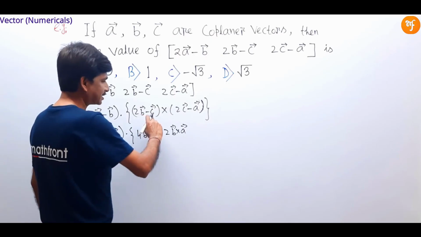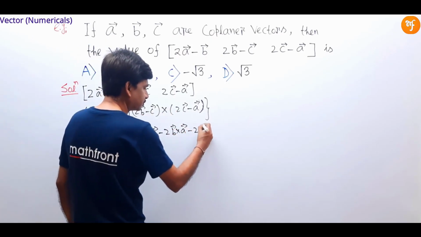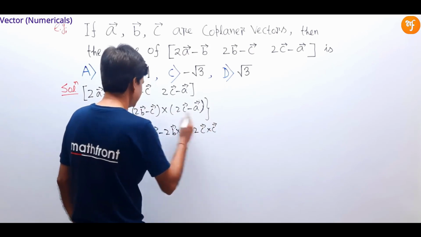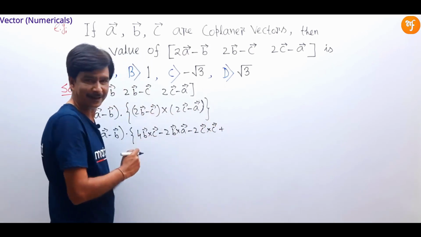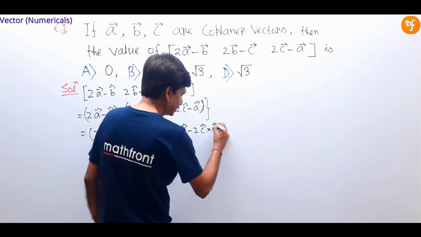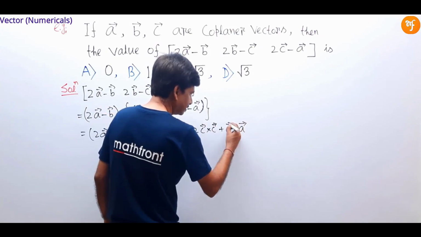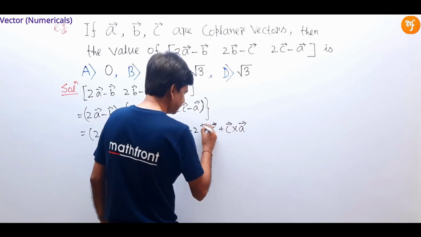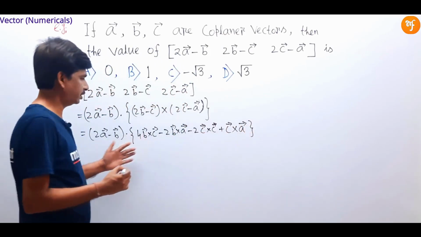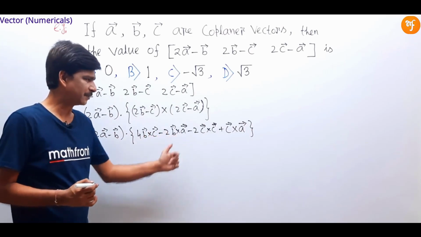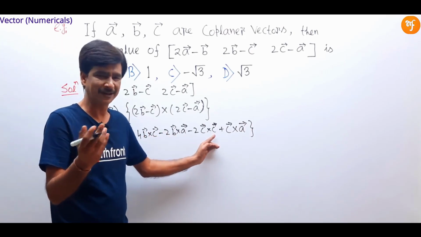Then minus c cross 2c, that is minus 2 into c cross c, minus minus plus c cross a. Okay, so c cross a. Clear? So thus we open it. Now let's simplify. We know c cross c is nothing but the null vector.